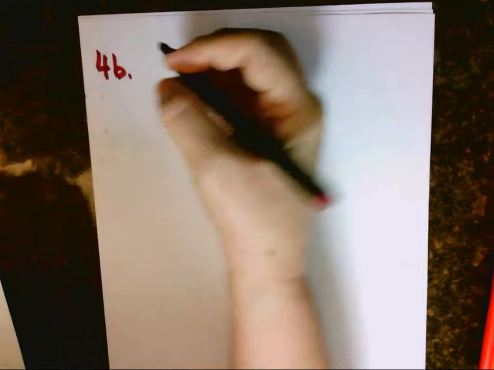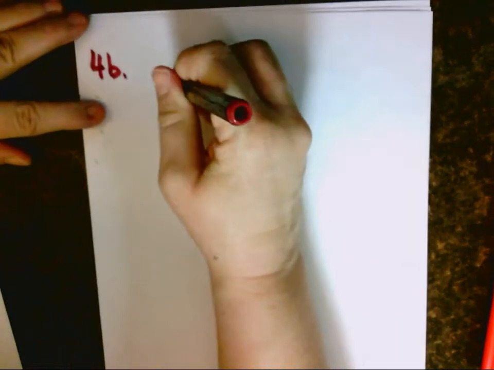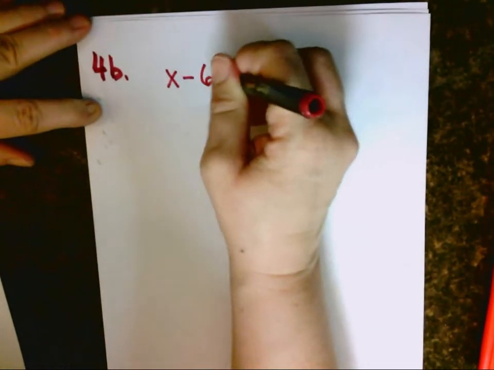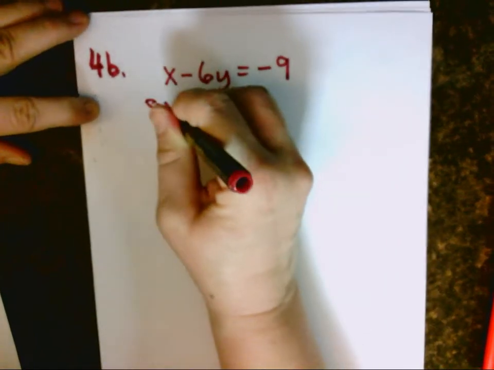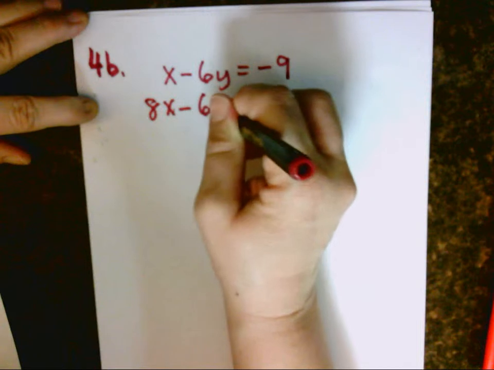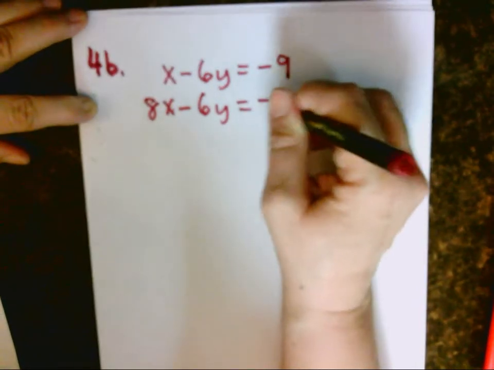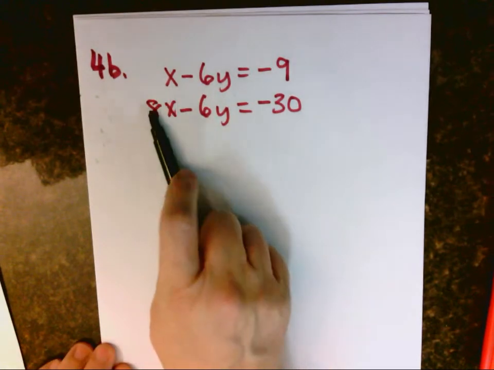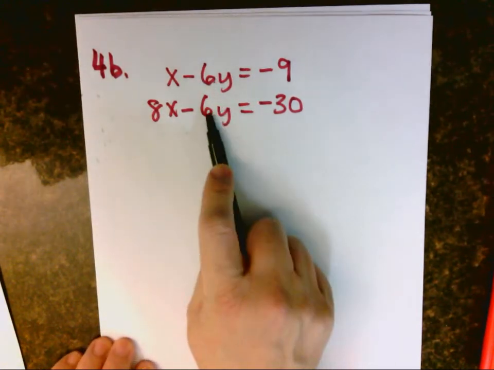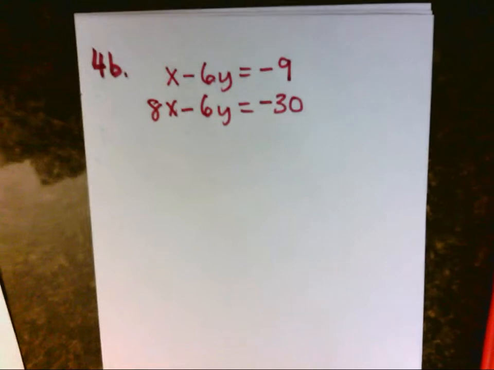That would be 4B. And it says that x minus 6y equals negative 9 and 8x minus 6y equals negative 30. Okay. Now, if we add these together, we're going to get 9x, negative 12y, so we didn't eliminate anything.